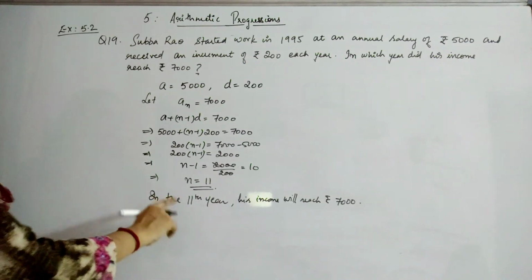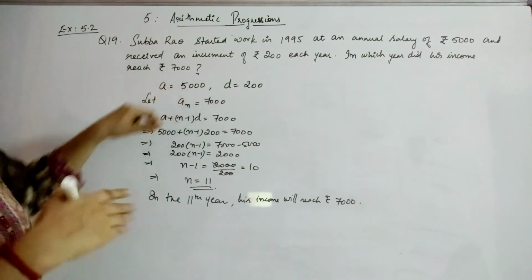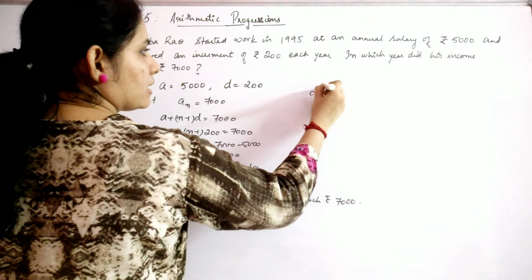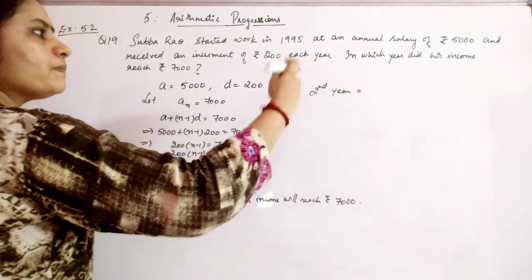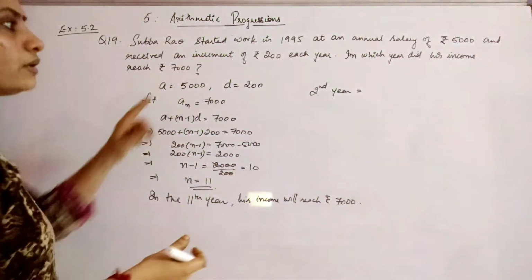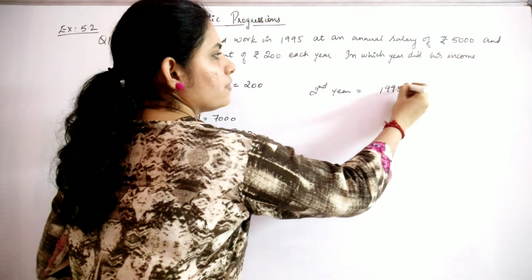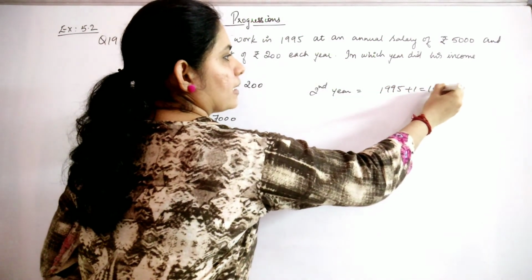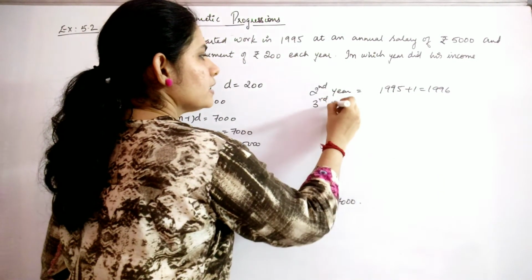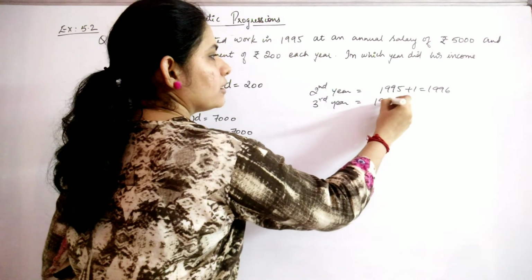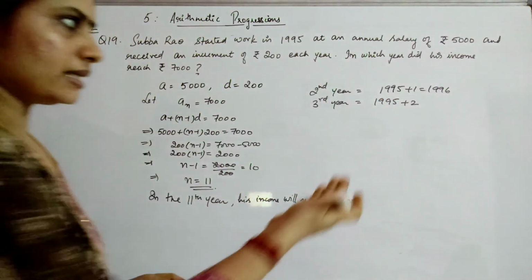Now, here, once again, if you check, in the first year his salary is 5,000. So, for the second year, his salary will be increasing, right? Now that second year is 1995 plus 1, that is 1996, right? Now when you go for the third year, you are adding 2 to 1995. That will be your third year, right?